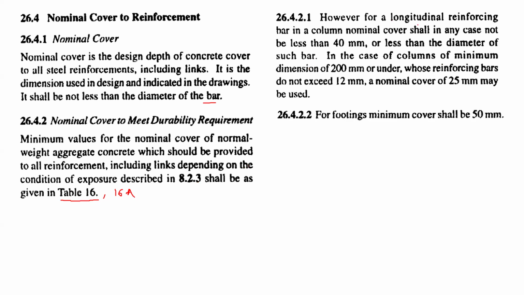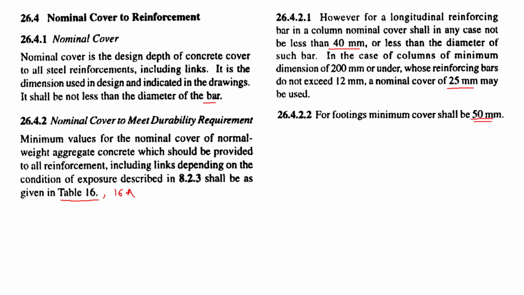However, for longitudinal reinforcement in a column, in any case the value should not be less than 40 mm. In the case of columns of minimum dimension of 200 mm or under, whose reinforcement bars do not exceed 12 mm, the nominal cover is 25 mm. But our columns are rarely less than 200, so we have 40 mm. For footing, we have 50 mm.